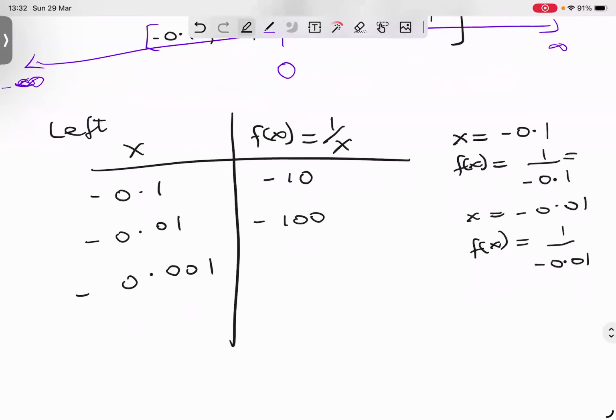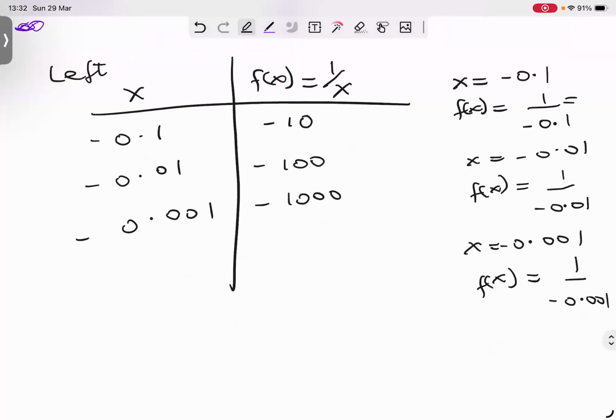When x is equal to negative 0.001, our f of x is equal to 1 over negative 0.001, and that will be negative 1,000. Looking at the way the numbers are flowing, if we had also picked 0.0001, then this would have been negative 10,000.